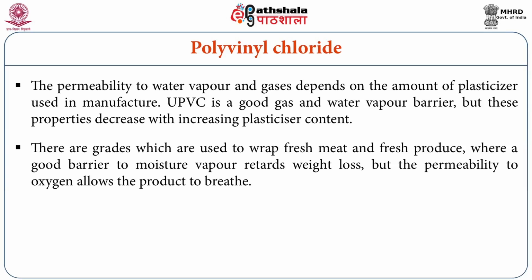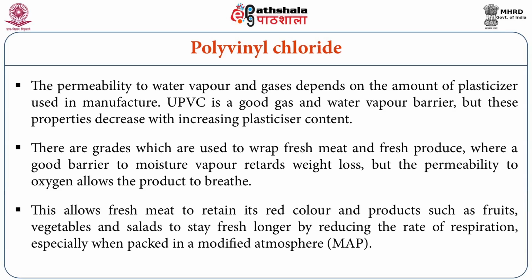There are grades which are used to wrap fresh meat and fresh produce, where a good barrier to moisture vapor retards weight loss, but the permeability to oxygen allows the product to breathe. This allows fresh meat to retain its red color and products such as fruits, vegetables and salads to stay fresh for a longer time.